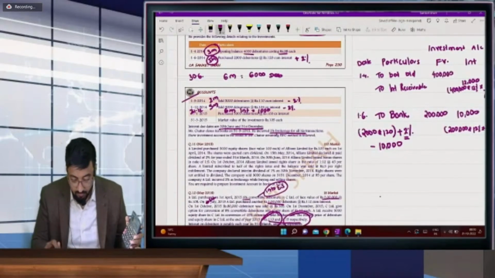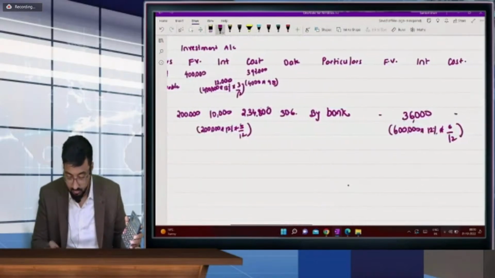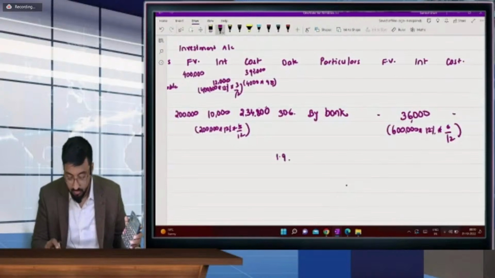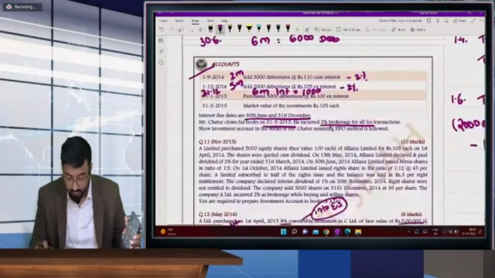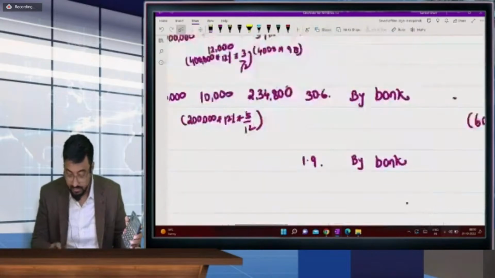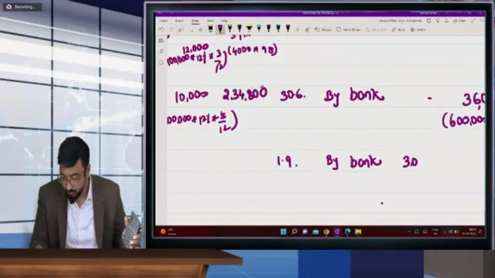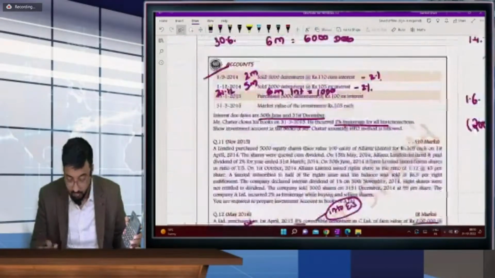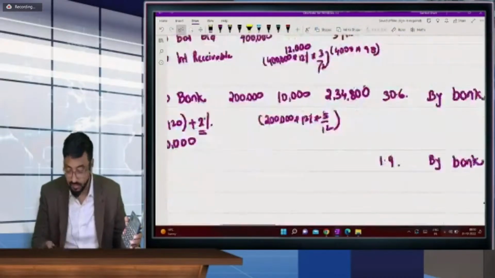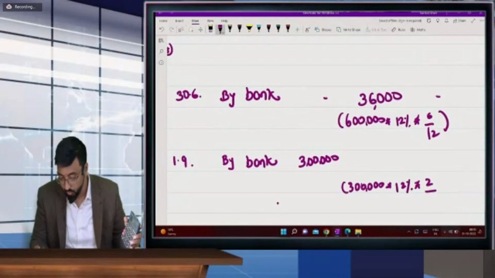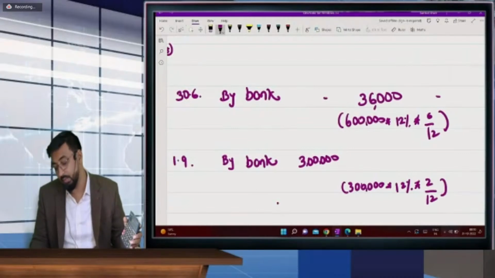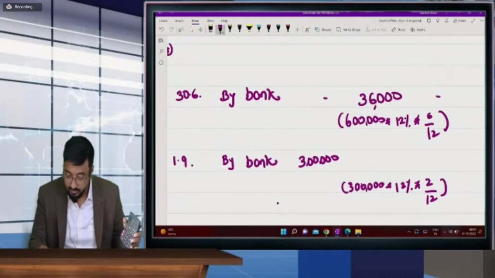Next is 1st September. Now see, 1st September by bank, 3 lakhs. Beta, how many months, beta? 3 lakhs into 2 months, na? 3 lakhs, take on calci, 12% into 2 by 12. So 1% matlab 6,000. Kitna आया? 6,000.